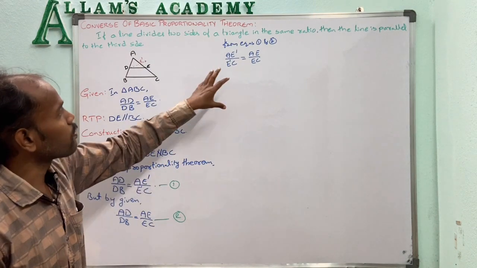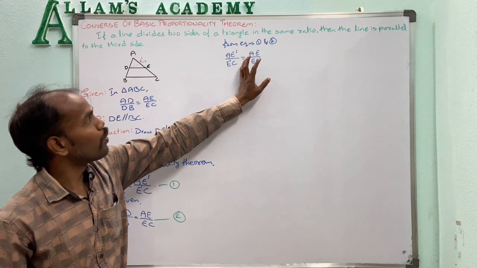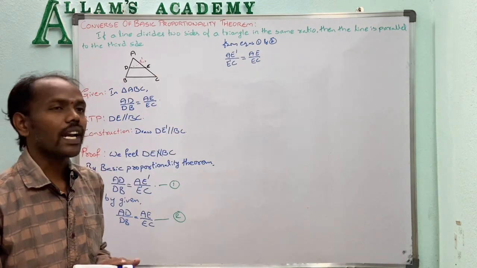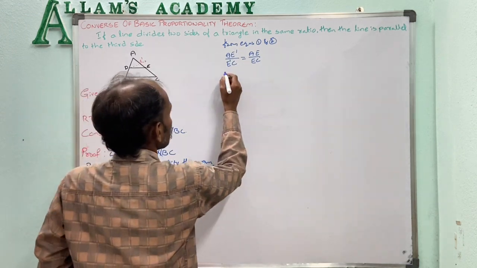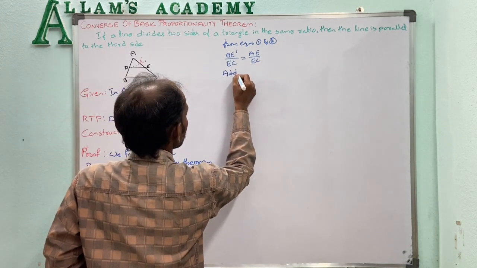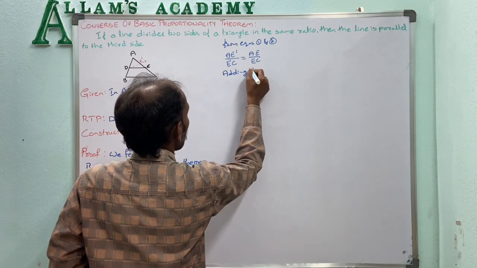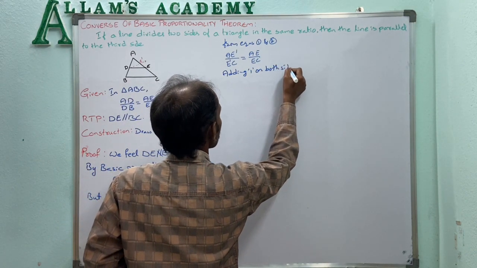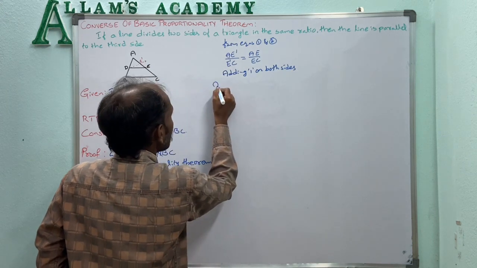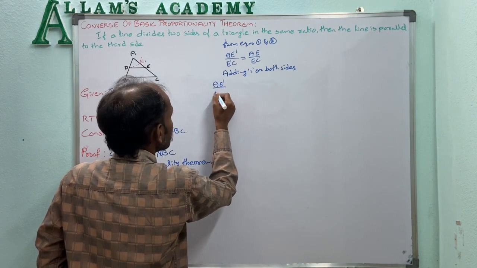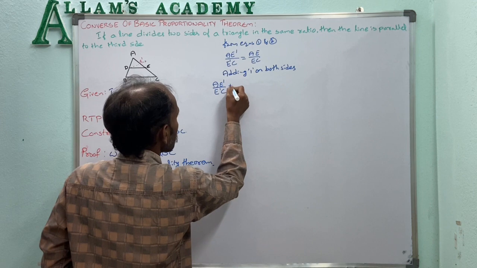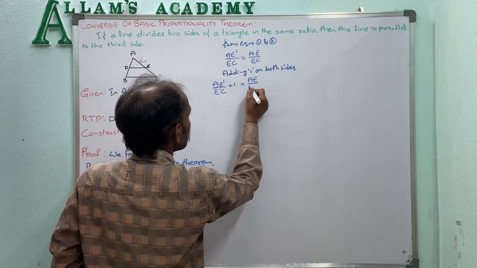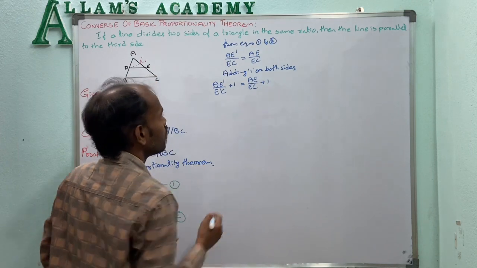So for that purpose, add 1 on both sides of these fractions. So AE dash by E dash C plus 1 equal to AE by EC plus 1.